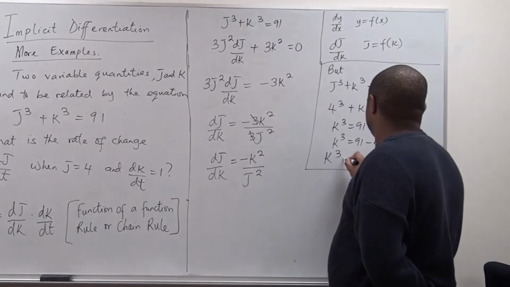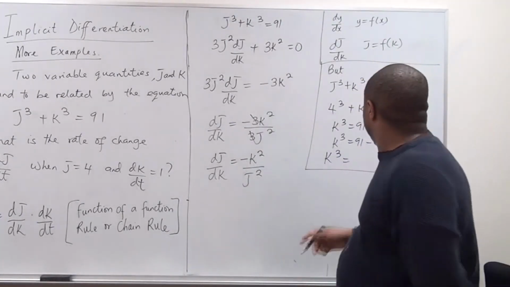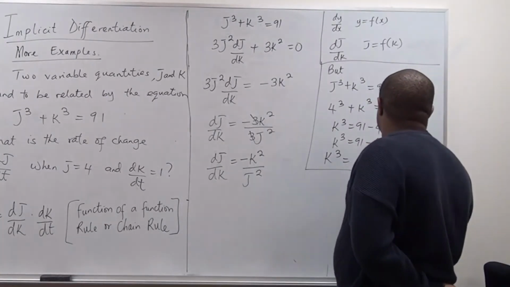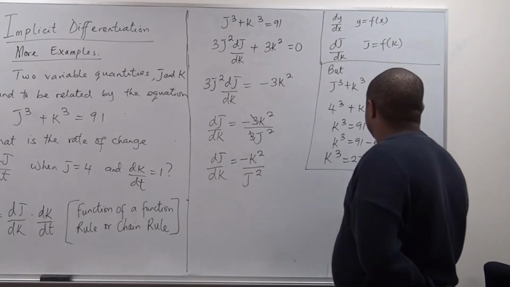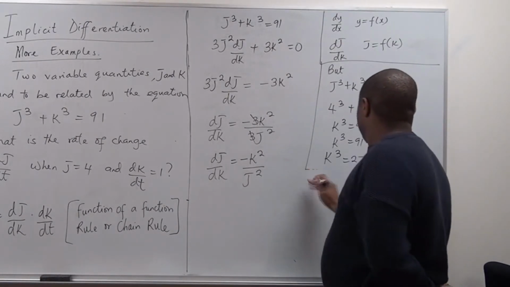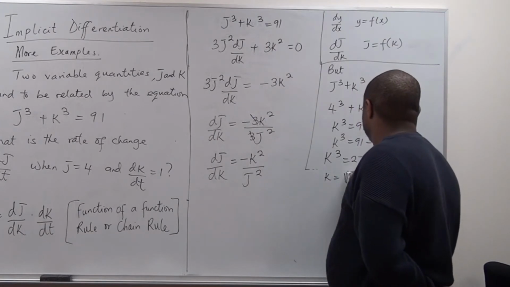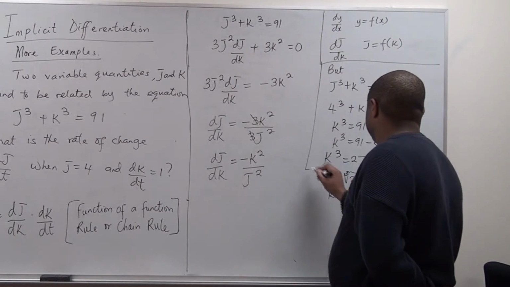So k cubed is equal to 91 minus 64, which gives what? 11 minus 4 is 7. 8 minus 6 is 2. So this implies that k will now be what? k will be the cube root of 27. So k will be 3. k is 3.